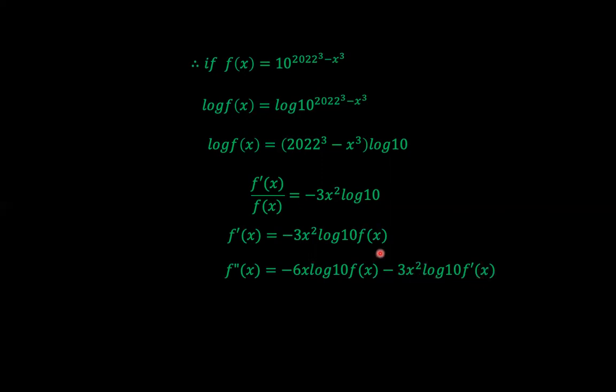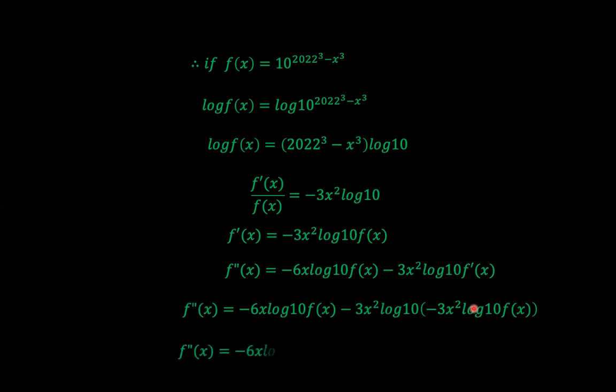So we know already the derivative of f(x), and so that means that the second derivative of f(x) is minus 6x log 10 f(x) plus 9x to the power 4 log 10 squared f(x).